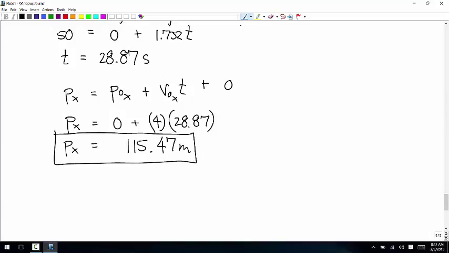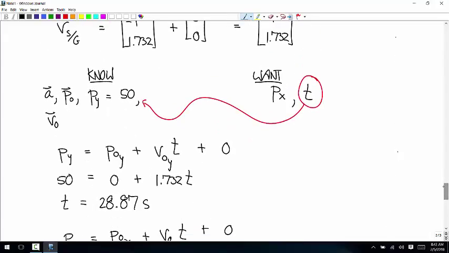Could you figure out what angle he would have to swim to land exactly across the shore? Yeah, the way you would do that is you would set your final position to be 50 in y, 0 in x, and then, oh yeah, that's a good point.